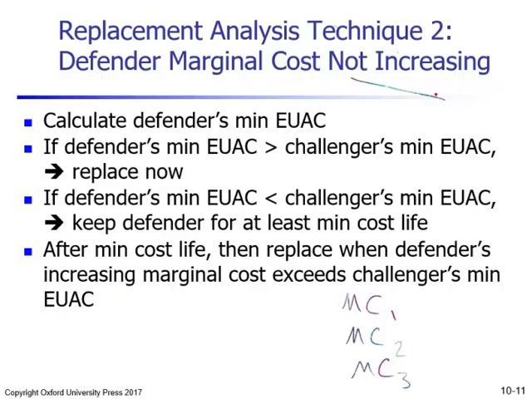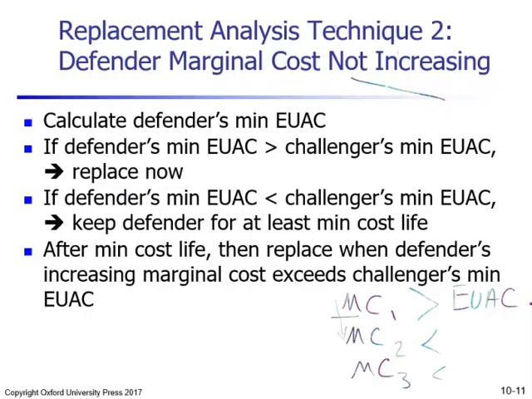So they are decreasing. So you cannot compare marginal cost with the minimum EUAC of the challenger, because if MC1 of the defender is greater than the EUAC of the challenger, still you cannot recommend replacement, because maybe MC2 is smaller, MC3 is smaller, they are getting smaller and smaller.